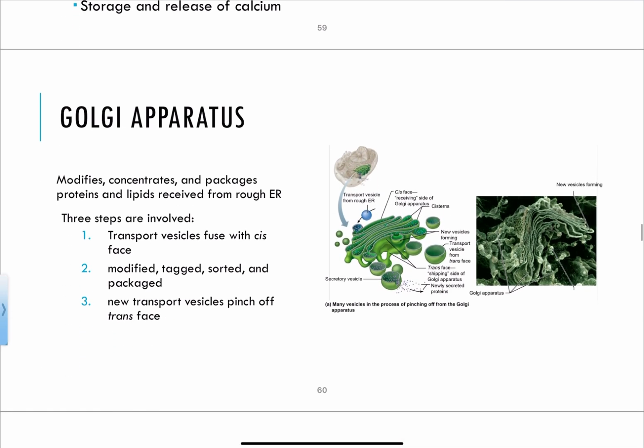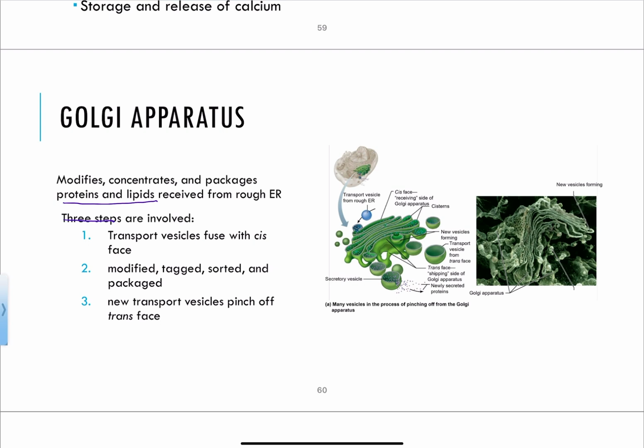Our next organelle is going to be the Golgi apparatus, and you don't really need to worry about the 3 steps involved. Just have a general understanding of what the Golgi is responsible for, and pretty much it acts like a post office. Certain things like proteins and lipids are sent from the rough ER to the Golgi.